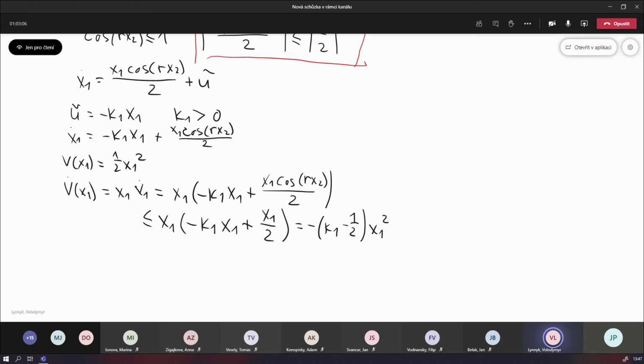For all x1 not equal to 0, v dot from x1 is less than 0 if k1 is greater than 1/2. If k1 is greater than 1/2, then our system is globally asymptotically stable, and v dot is negative definite.